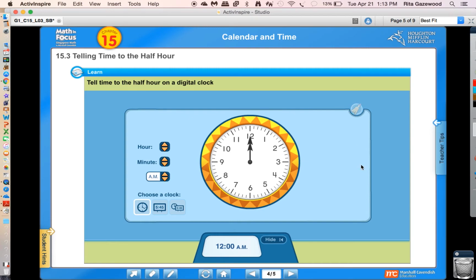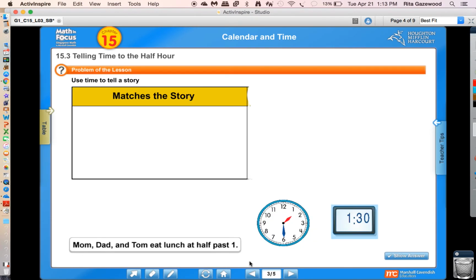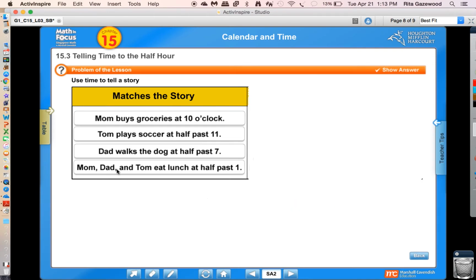And the last story is Mom, Dad, and Tom eat lunch at 1:30. Be sure to model that on your clock.